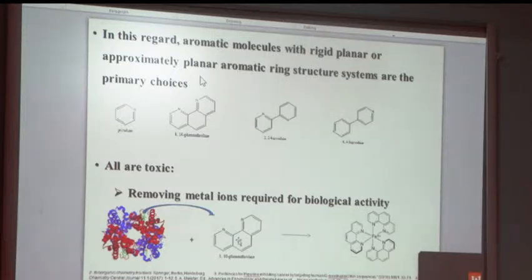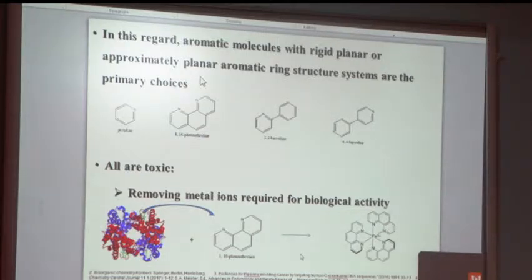When this molecule, even if it has a desired structure, is introduced into the body of the organism, it takes off the metals from the molecule and destroys the structure as well as the function, destabilizing or destroying this structure and making it lose its function.